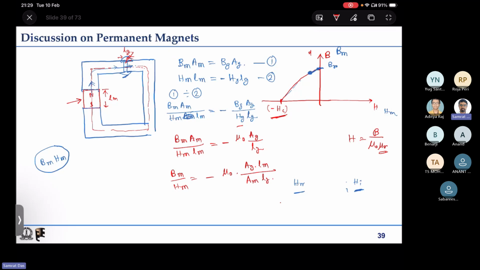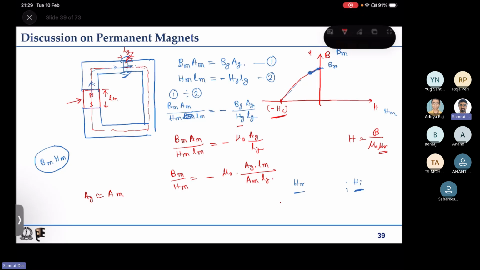Now if we take the approximation that Ag, the air gap equivalent area, is approximately equal to Am, then this cancels, and we have the Bm by Hm ratio equal to minus of mu naught into Lm by Lg. So if we plot Bm versus Hm, it is a straight line that passes through the origin and has negative slope.